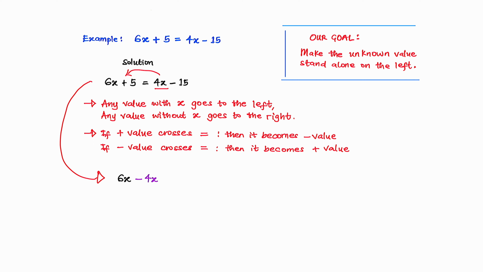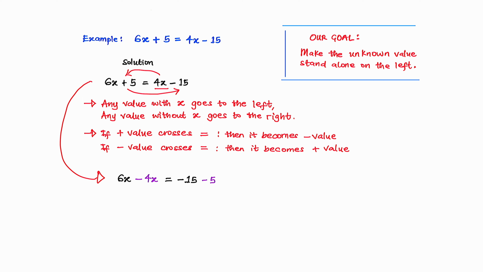Next, we have equal to. On the right, we have minus 15 previously, so we keep it minus 15. 5 is on the left. 5 has no x, which means 5 comes to the right side. When plus 5 goes to the right, it becomes minus 5.